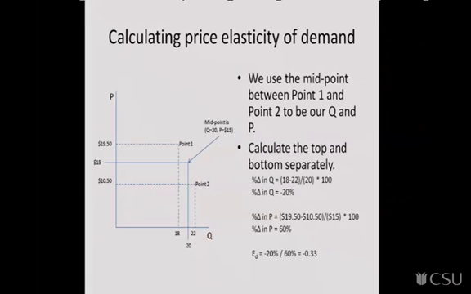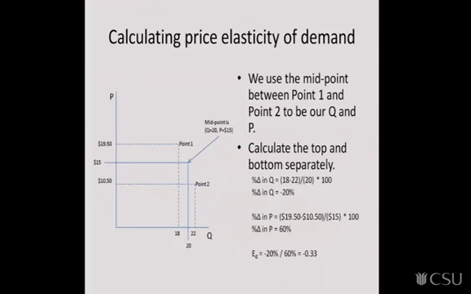The average price was 15. So 9 over 15 is 0.6, times 100 to get it back in percentage terms, so 60%. So price changed by 60% and quantity changed by 20%. So the elasticity is the ratio of those two. 20% over 60% is a third, or 0.33.